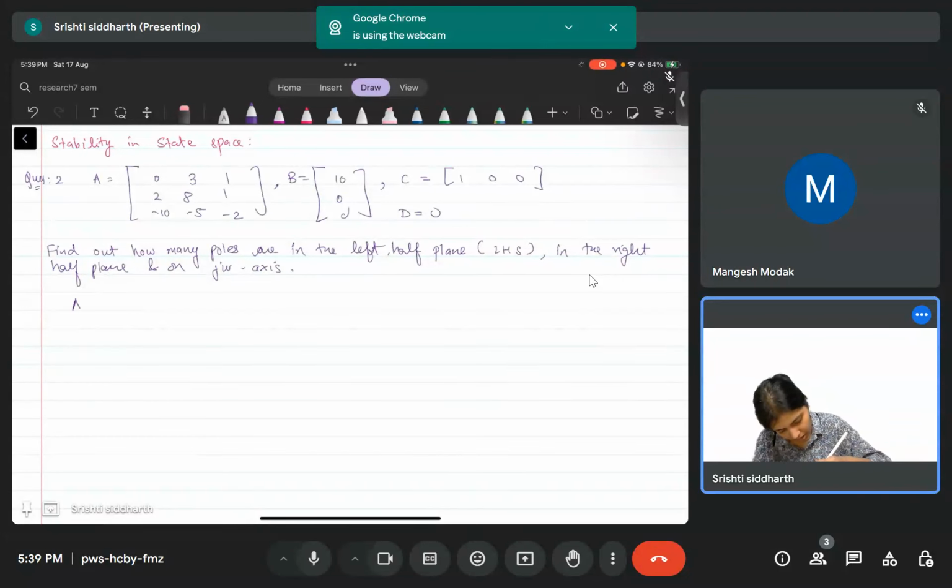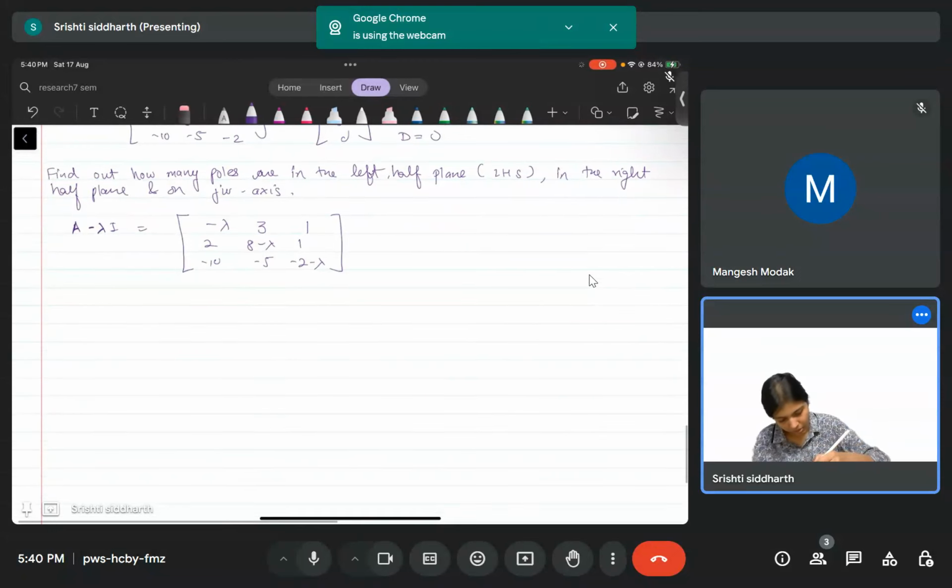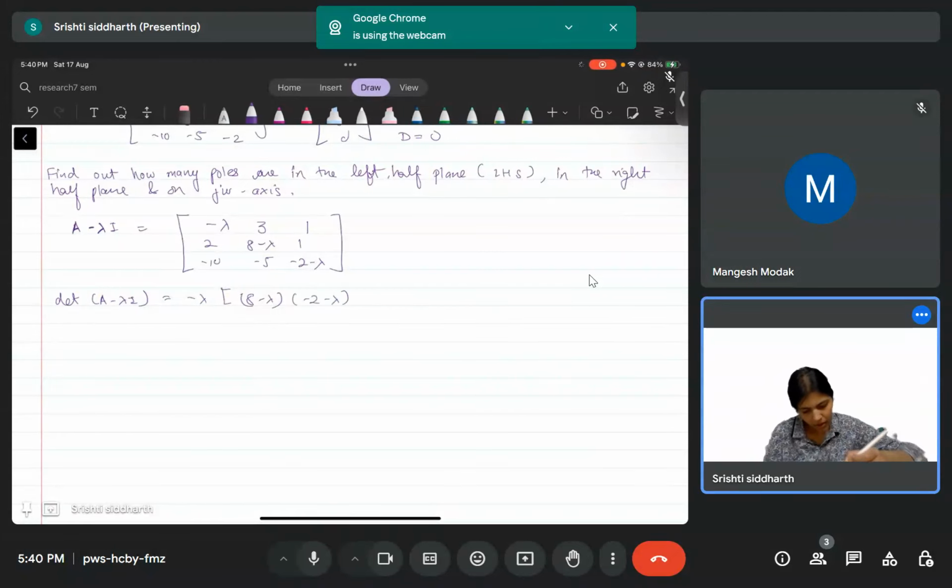So let's see. First from this matrix, let's write down the elements first. So I'm going to write minus lambda, and the determinant. Minus 3 times.